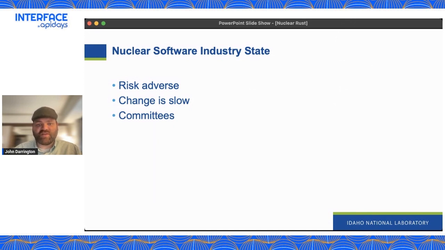And so things being done in committees leads to a set way of doing things, this way because that's the way we've always done them in the industry. And I see that far more in the nuclear industry than I have in any previous industry that I've worked in, to where we do things one way and we stick with it and don't change it.